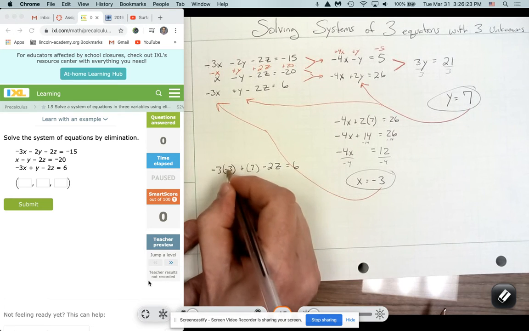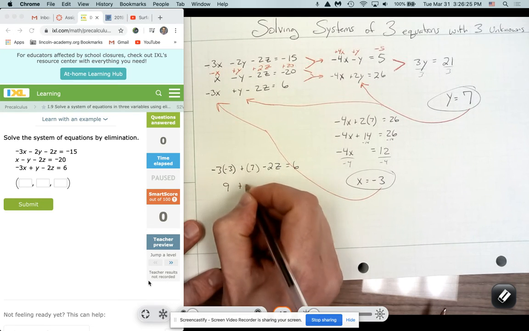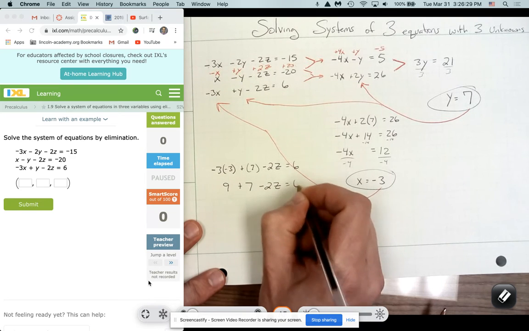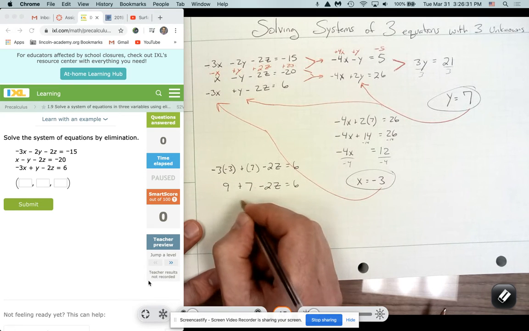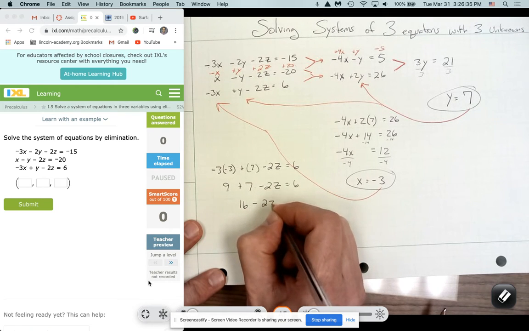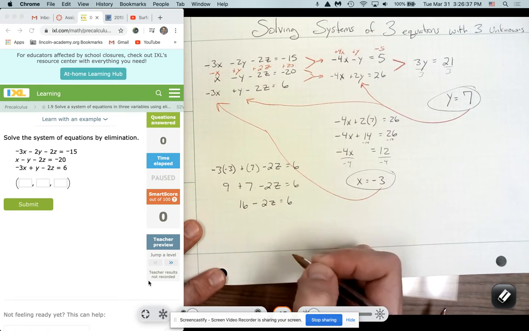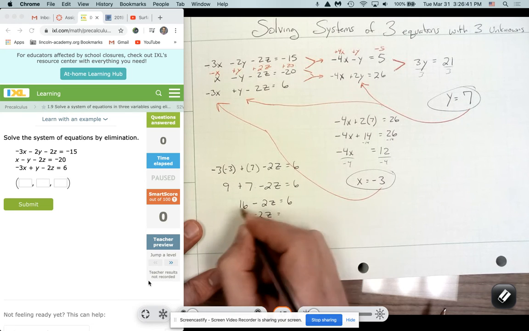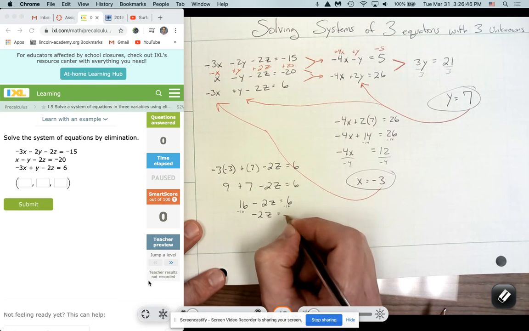I got a positive 9 plus 7 minus 2z equals 6. 9 plus 7 is 16 minus 2z equals 6, or negative 2z equals, if I subtract 16 from both sides, I get a negative 10.